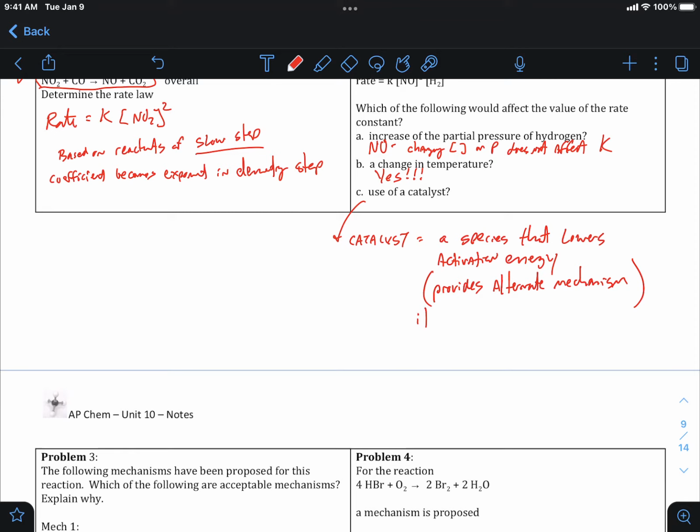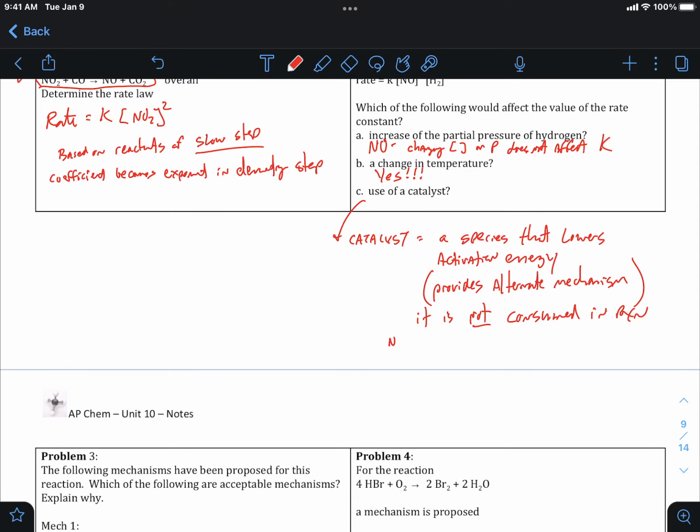It is not consumed in the reaction, therefore not considered a reactant.